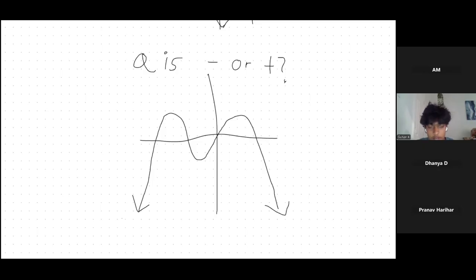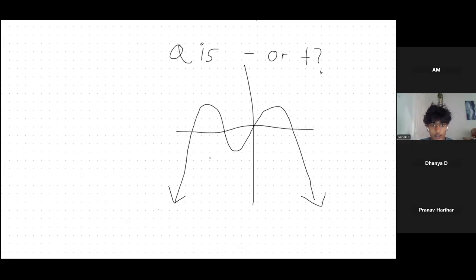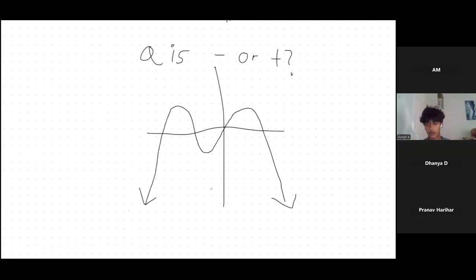It is negative. So a is negative because, as you can see, we can identify this is an even function because both sides are going the same way. Whenever, as x goes to negative infinity and x goes to infinity, both extremes are approaching the same y, which in this case is negative infinity, then it's even.